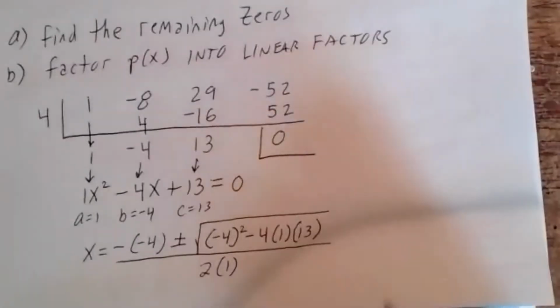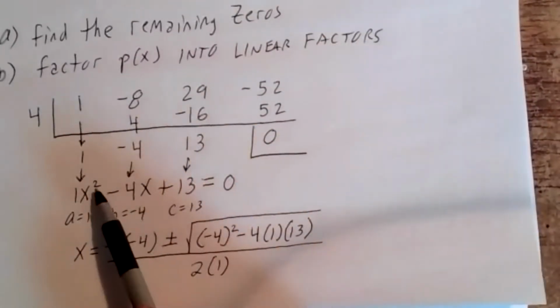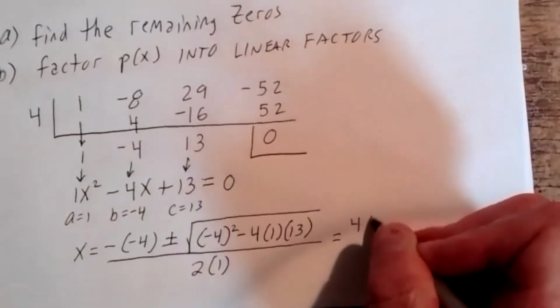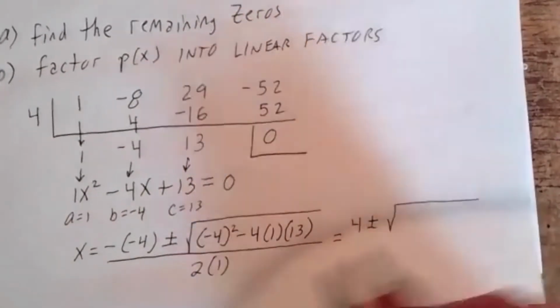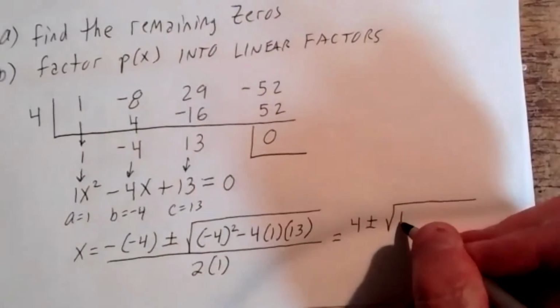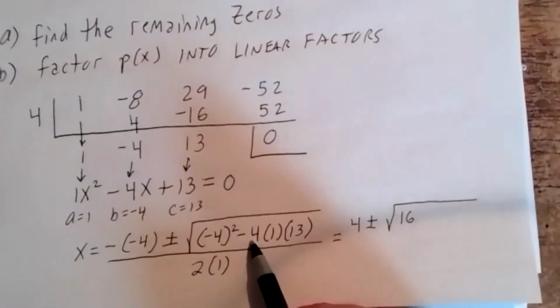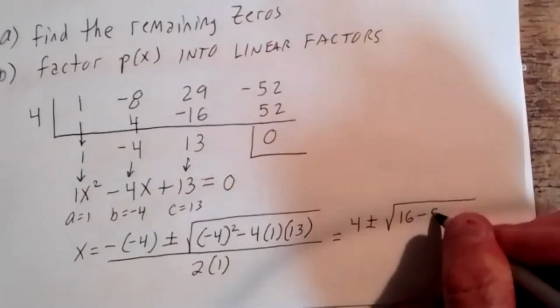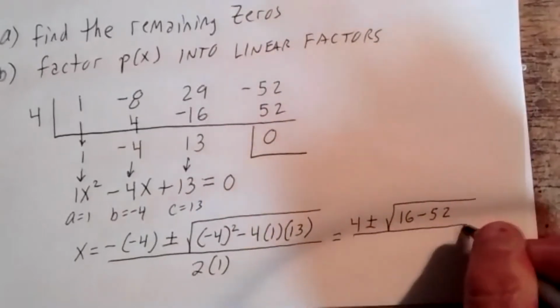All right, quadratic formula is going to solve for the 2 roots for this second degree equation here. We have 4 plus or minus the square root of -4 squared is 16, and -4 times 13 is -52, and that sits over 2.